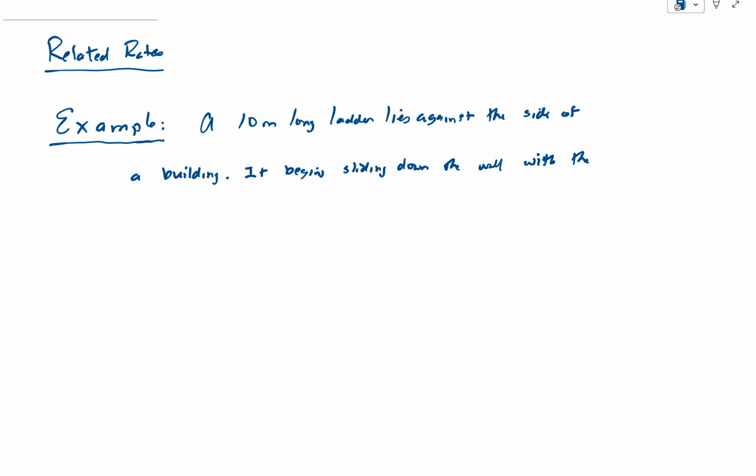It's sliding on the wall with the bottom moving away from the wall. And the rate that this is moving away from the wall is 2 meters per second.